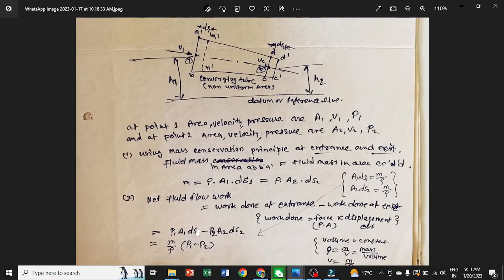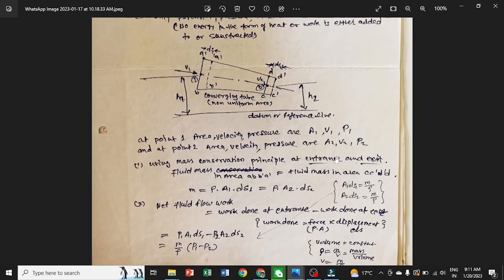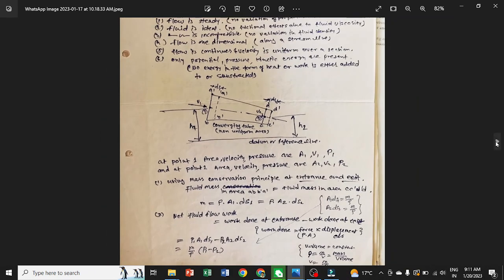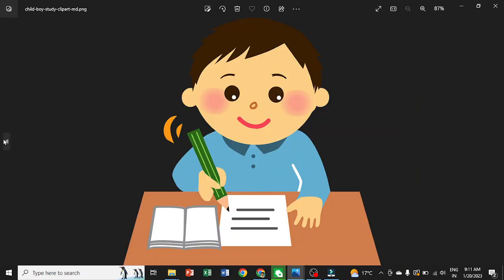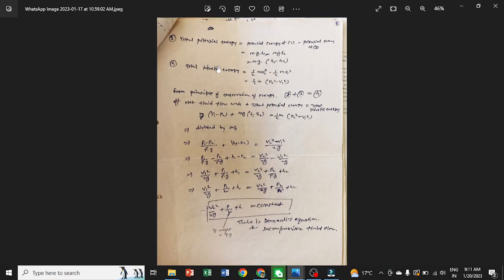So A1 ds1 is the volume. So we can put mass upon density as the volume, a common value. So finally it will be mass upon density, P1 minus P2. So this is equation second, and we will move ahead.